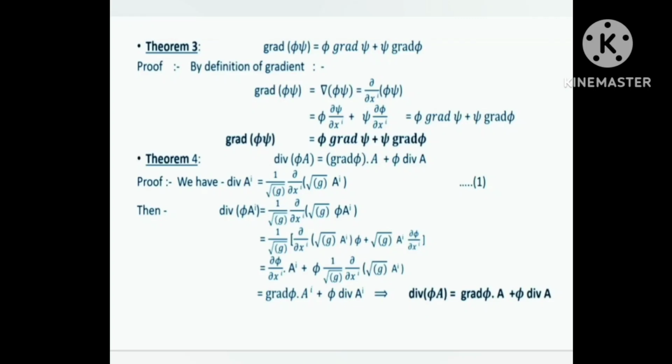On solving this, we will get del phi upon del x^I into A^I plus phi 1 upon root g del upon del x^I of root g A^I, which on further solving we will get grad phi into A^I plus phi divergence of A^I, which is equal to divergence phi A is equal to grad phi into A plus phi divergence of A.